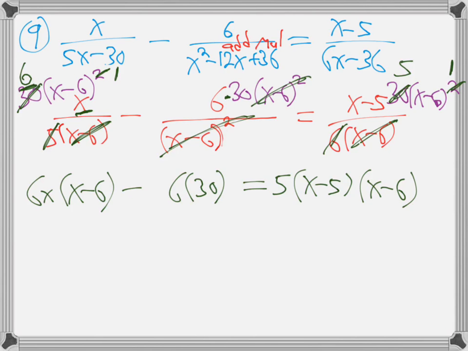So everybody see I divided 6 into 30 5 times. And the x minus 6 on the bottom canceled one of the x minus 6s on top, leaving one left over. Left over the 5, x, and x minus 6.